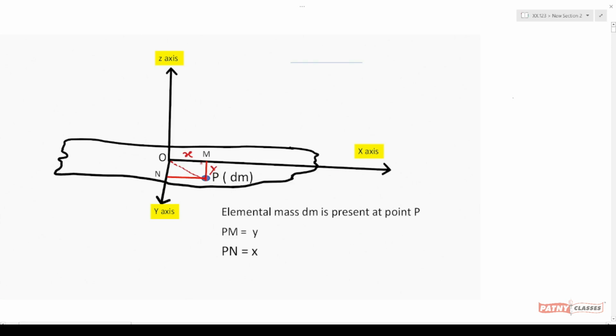Now it is a right angle triangle. Therefore distance OP equals the square root of x square plus y square, implying OP square equals x square plus y square.